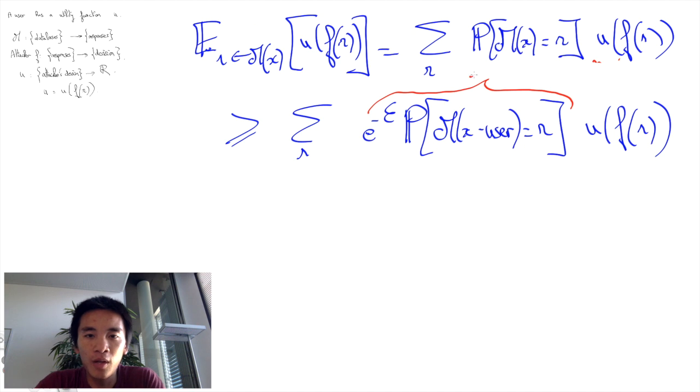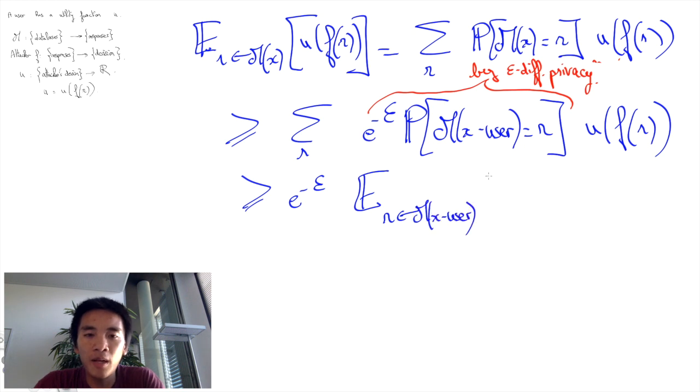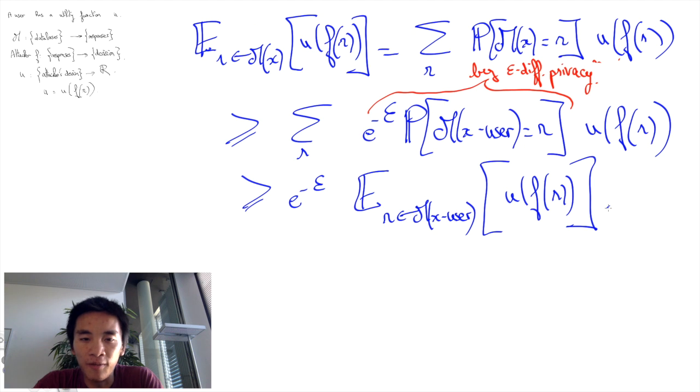Now we've used differential privacy on the term probability of M(X) equal to R. And this will be equal to e to the minus epsilon times the expectation when R is drawn from M(X minus user) of the utility of f(R).